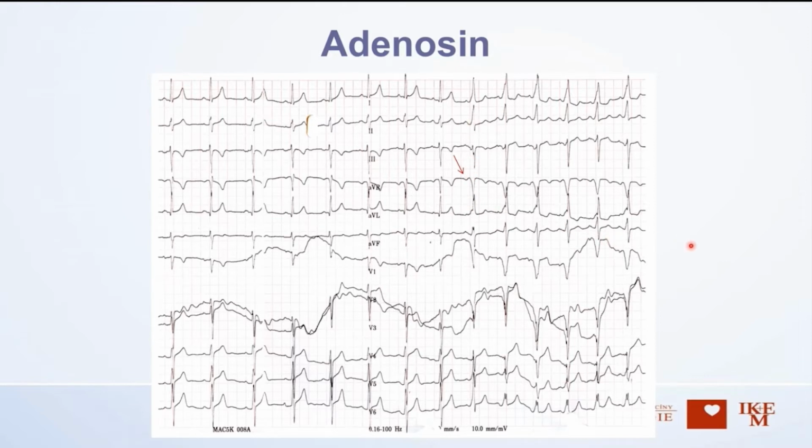The problem with giving adenosine is that it can provoke atrial fibrillation, and having atrial fibrillation in the context of an accessory pathway can give you the risk of rapidly conducted atrial fibrillation over the accessory pathway, and the need for defibrillation.